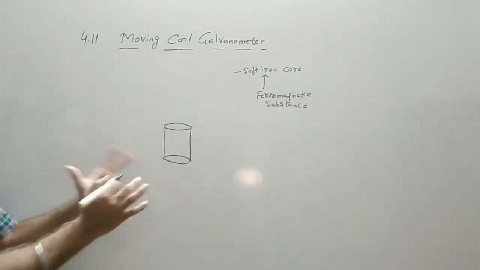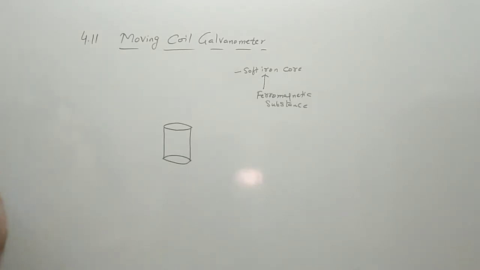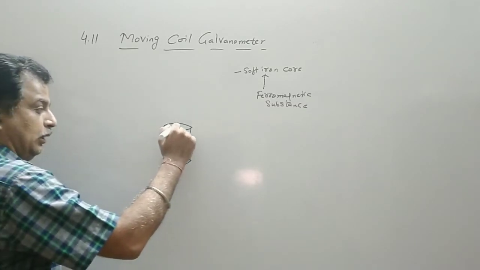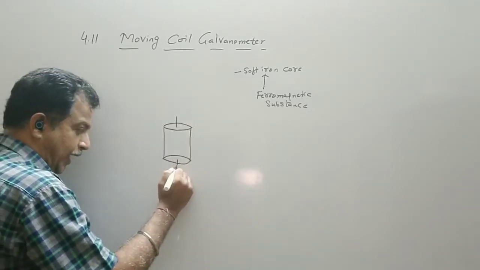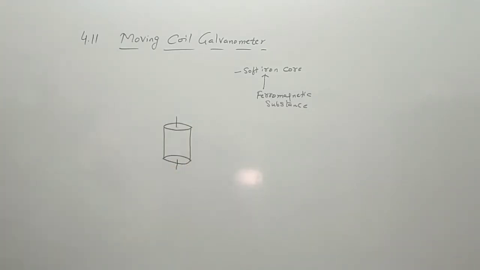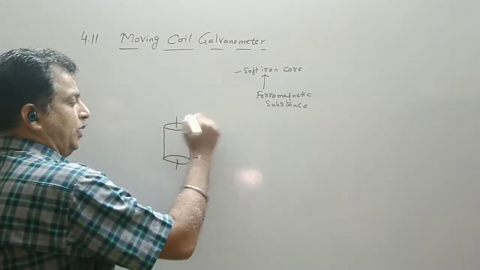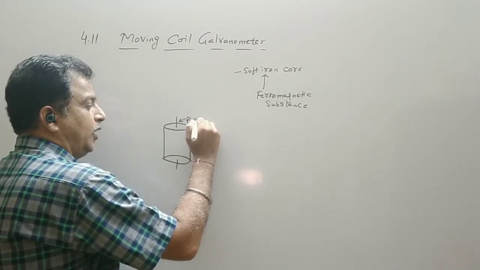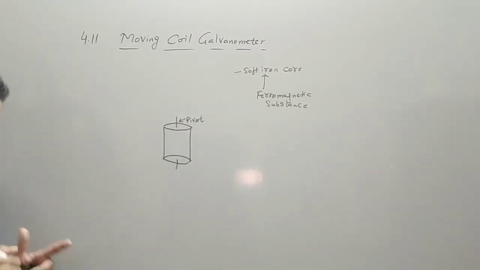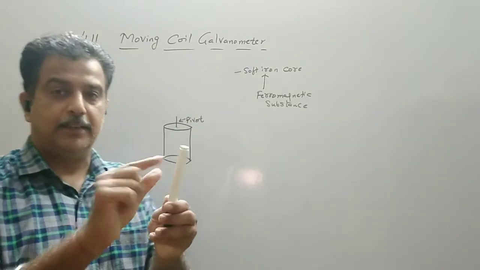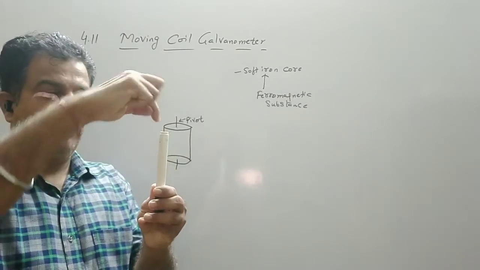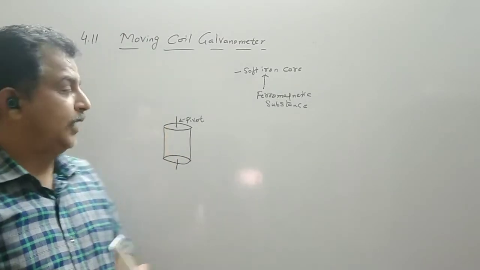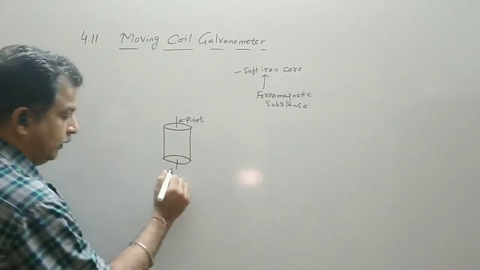So now this is how the galvanometer is constructed. We take a soft iron core. On its upper and lower end, we have a small pin, but we call it a pivot. So you have to take a small cylinder like this, and we have a small pin on both sides, which is called a pivot.